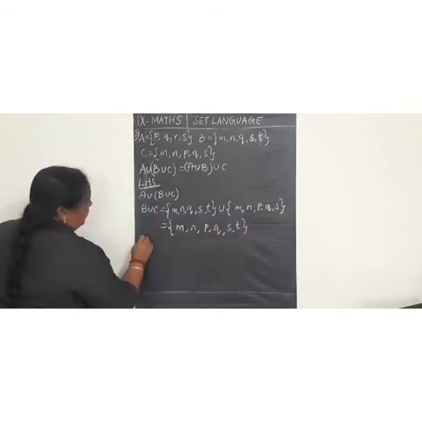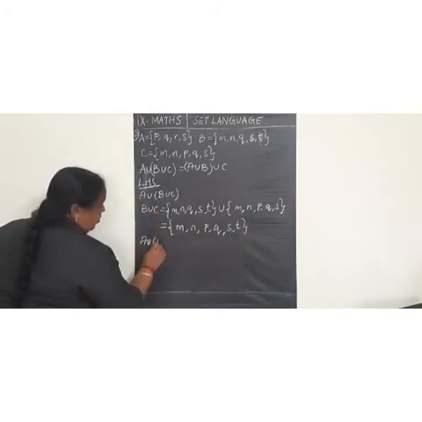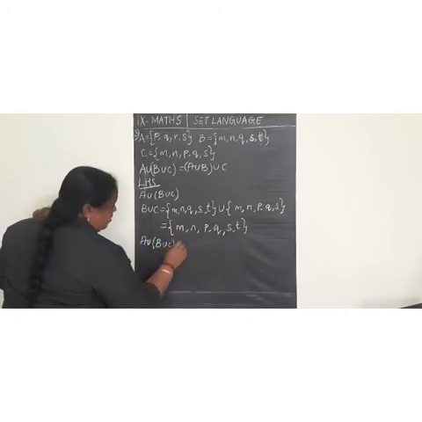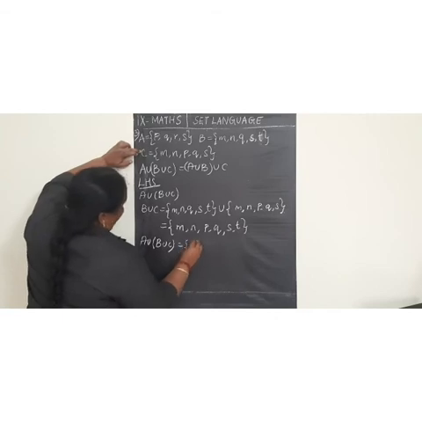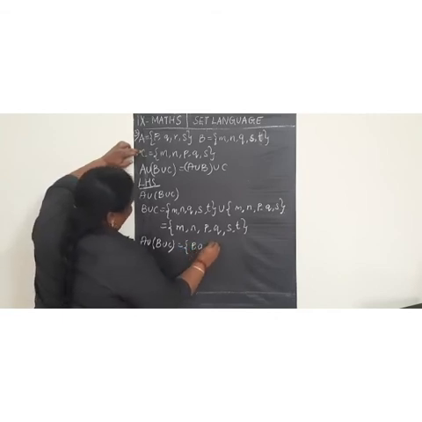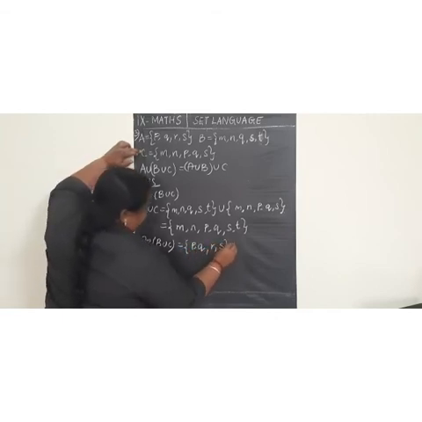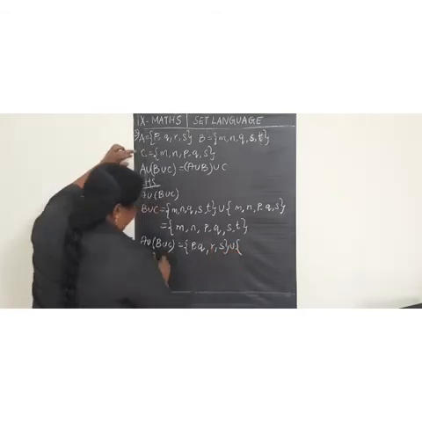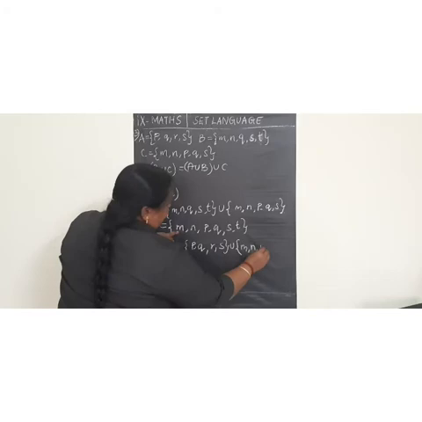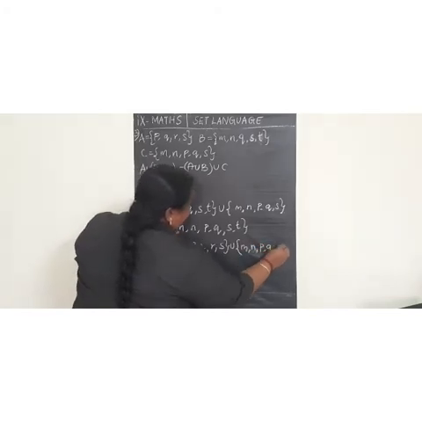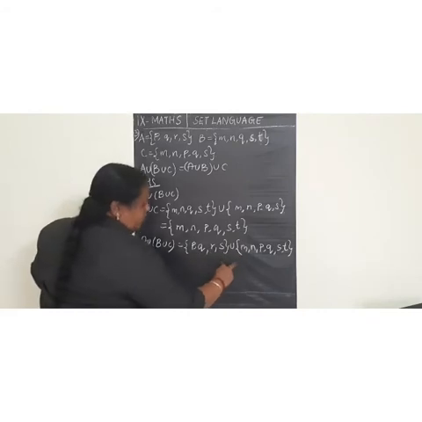Next, A ∪ (B ∪ C). First we write A. What are the elements in A? P, Q, R, S, union B ∪ C. B ∪ C is M, N, P, Q, S, T. Union means we combine and write both.